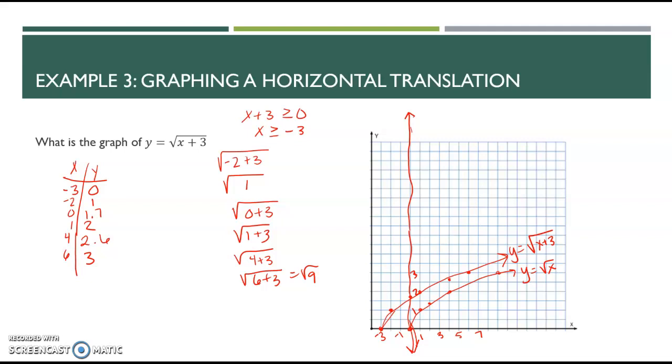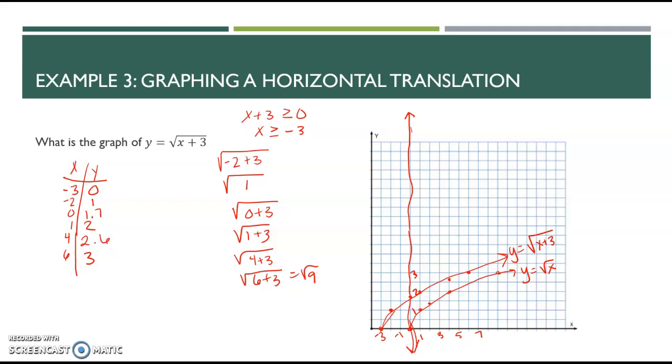If you can figure out how they shift, then you can just adjust the table of the parent function instead of having to recalculate it every time. So just an idea. Also, if you know how it shifts, then on a multiple-choice question you can say, oh, based off of the fact that this has the plus 3 on the inside, I know that I'm going to shift my 0, 0 point from my parent function left 3.